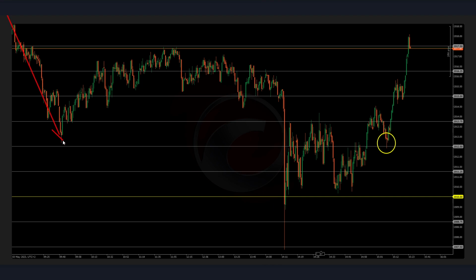So at the start we are in a bearish trend. This is a strong lower high, lower low. Even this one could be a lower high, lower low. Okay.